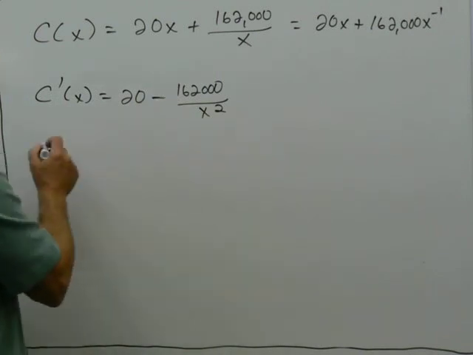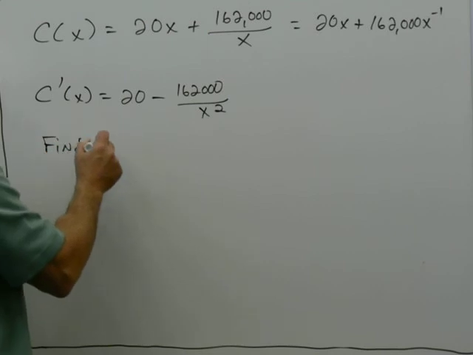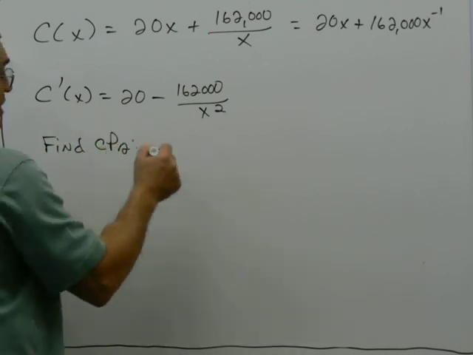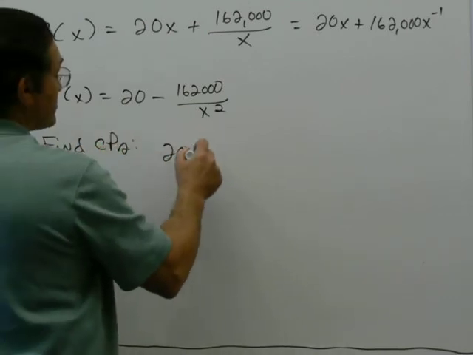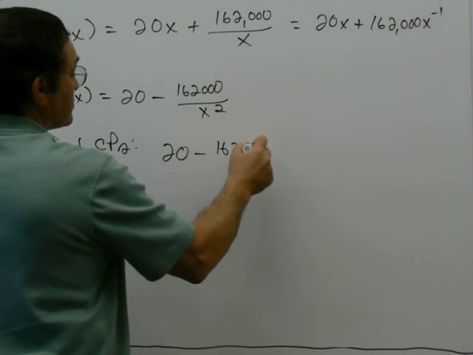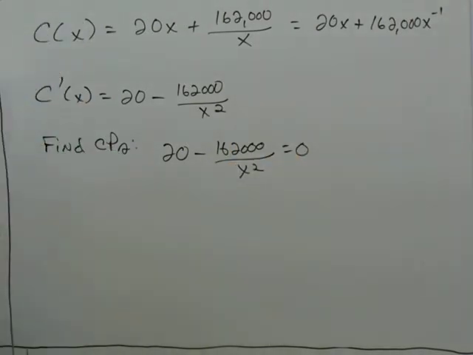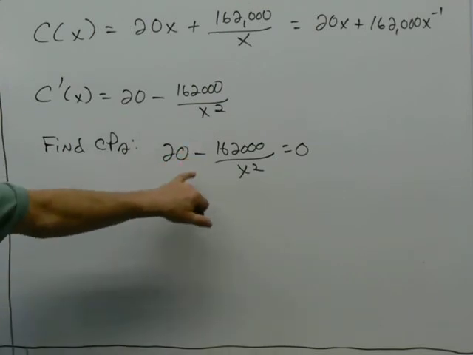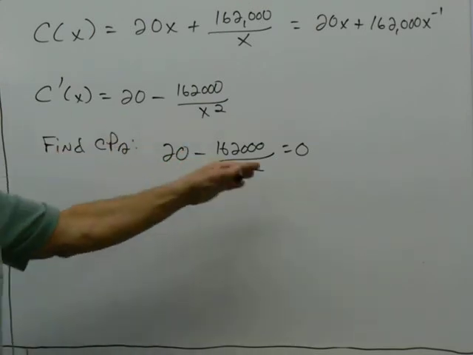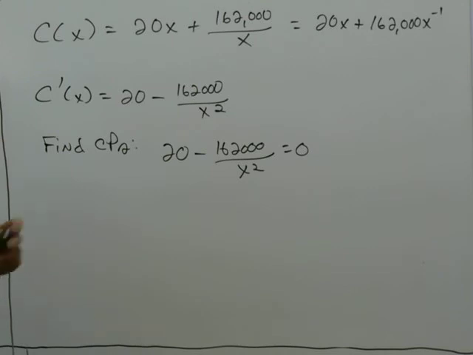Now, what I need to do is find critical points, and the way I'm going to do that is set this function equal to 0. Now, there's any number of ways that you can do this. You could multiply by x squared and x squared, and have your equation equal to 0, and that would work.